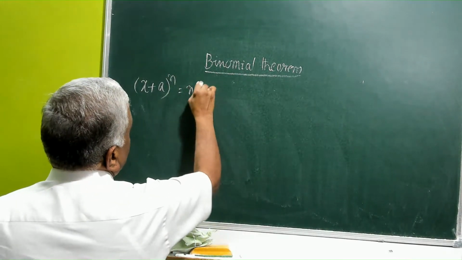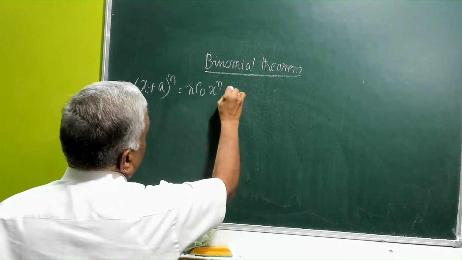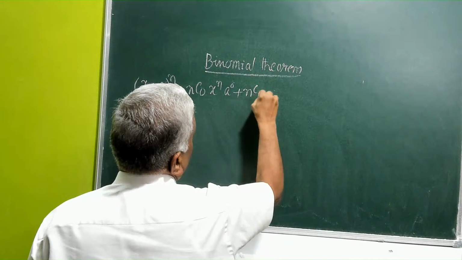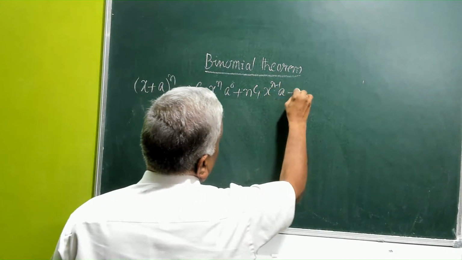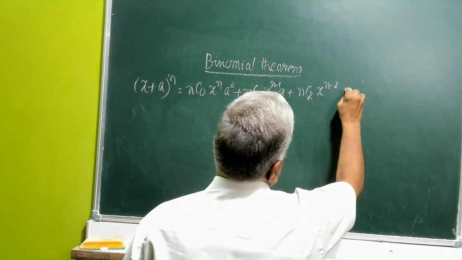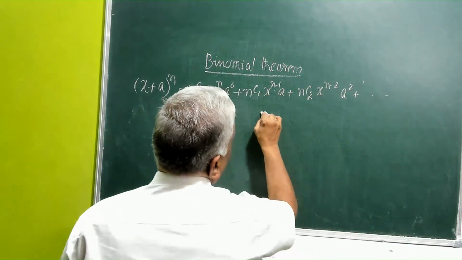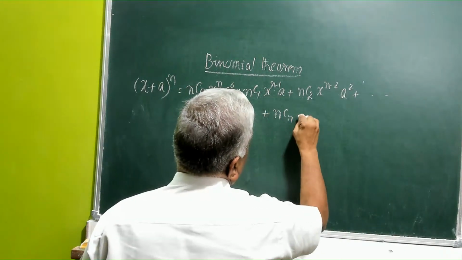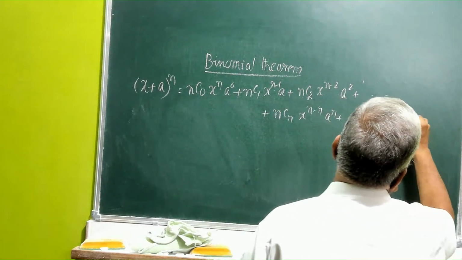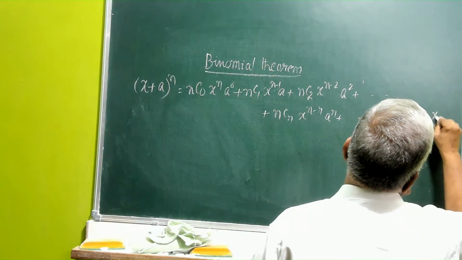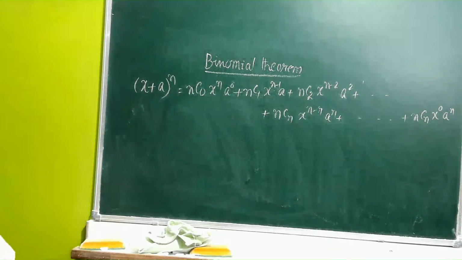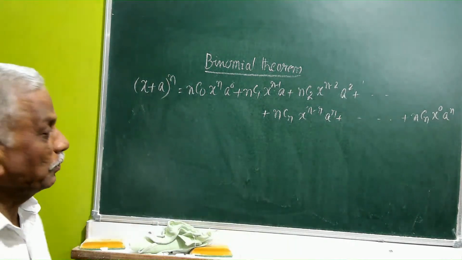The expansion is nC0 x to the power of n, a to the power of 0, plus nC1 x to the power of n minus 1 into a, plus nC2 x to the power of n minus 2 into a square, plus etc. We have a general term nCr x to the power of n minus r into a to the power of r, and the last term nCn x to the power of 0 a to the power of n. So there are many things you need to know.